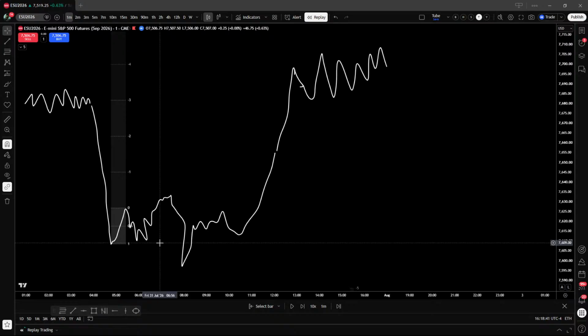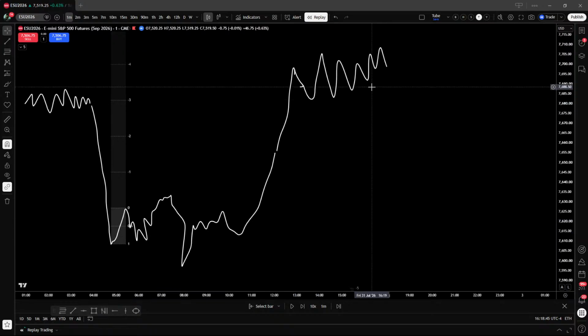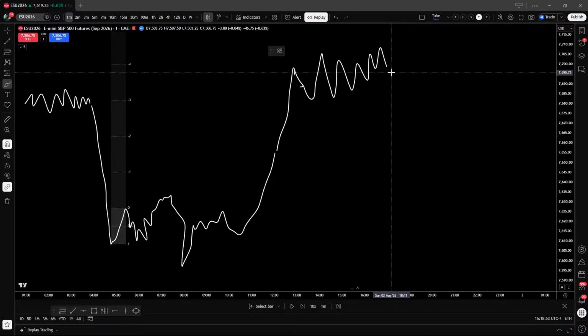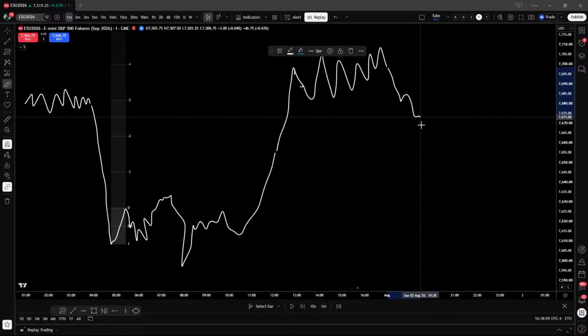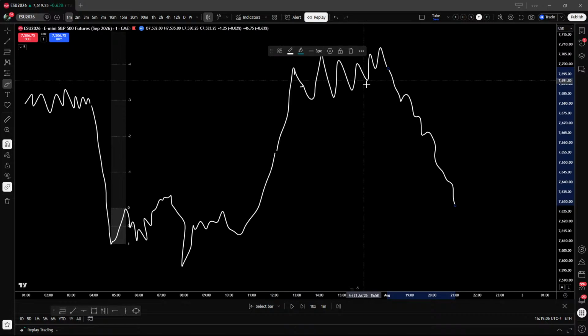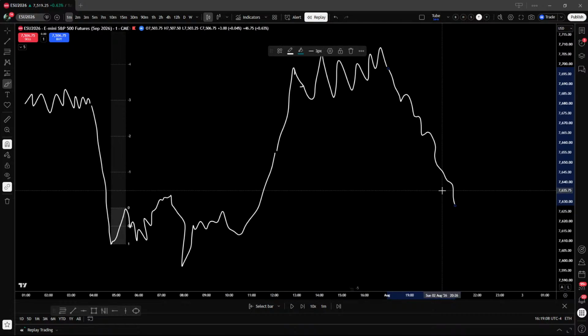Because what is a market maker buy model? Like this, right? But then price doesn't just stop. It continues, and very often, not always, price goes down like here. So what is this now? Now it's a market maker sell model.